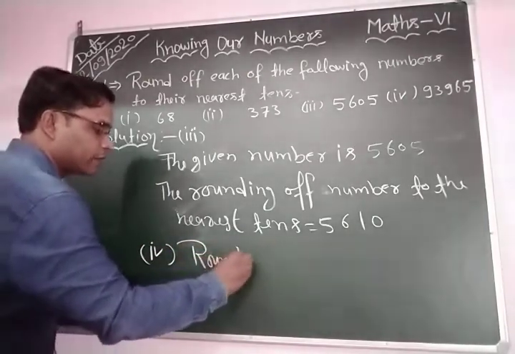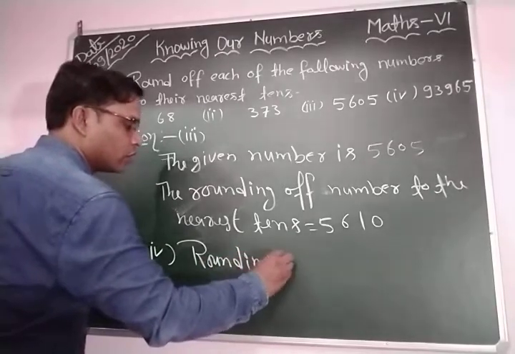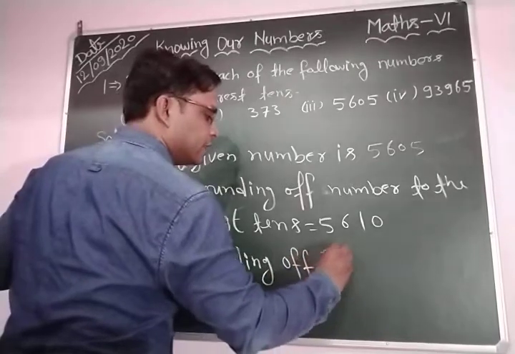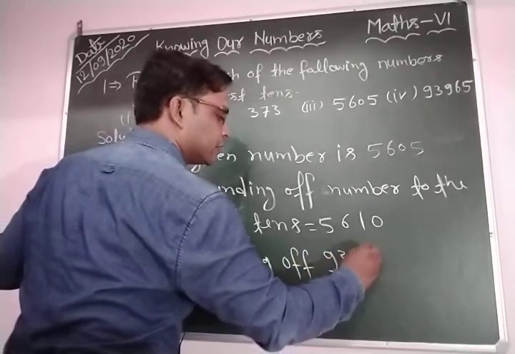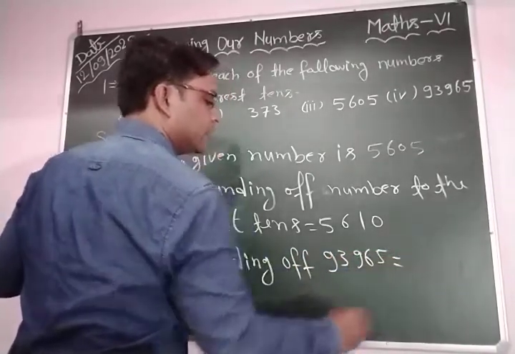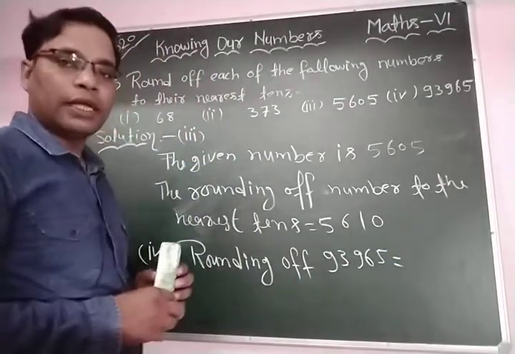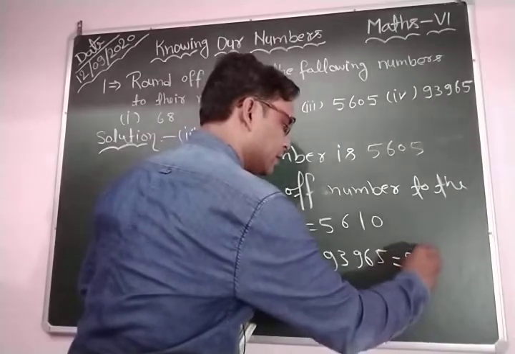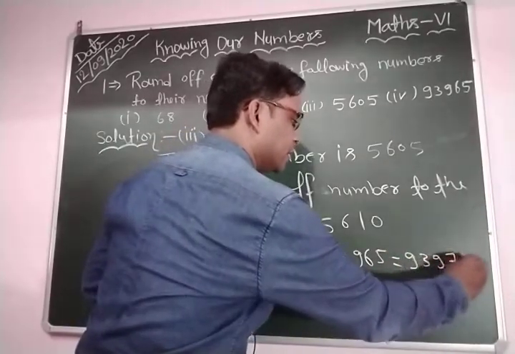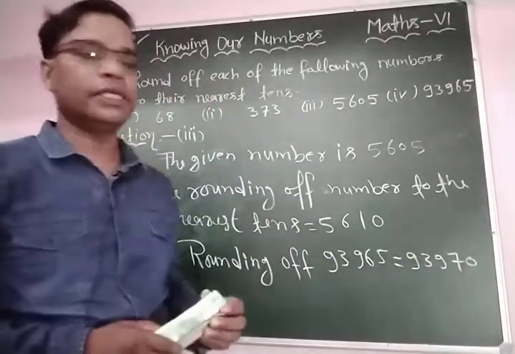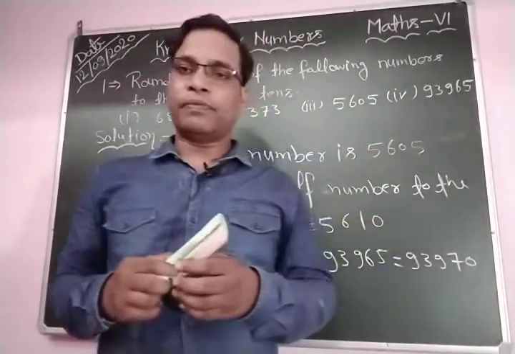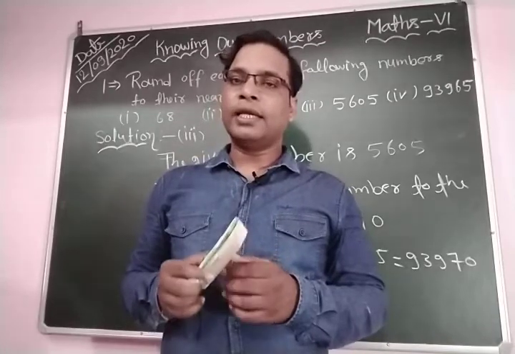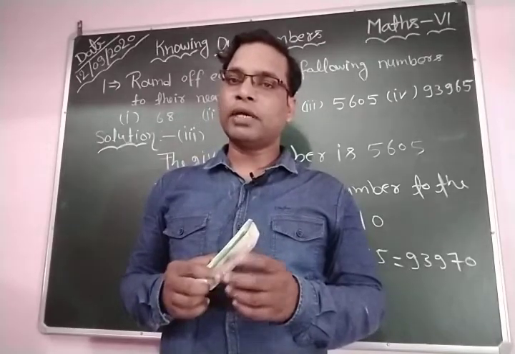So if you find the rounding of this number, we can write it directly. A rounding of 93,965 to the nearest tens becomes 93,970. Because you can see here the ones place digit is 5, so we replace the ones place digit by 0 and increase the tens digit by 1.